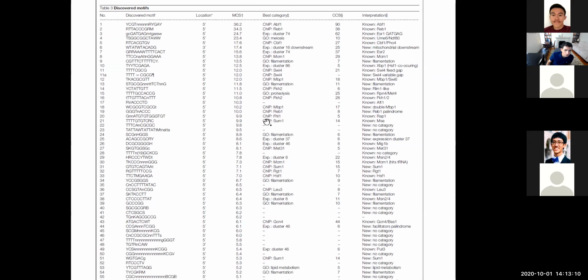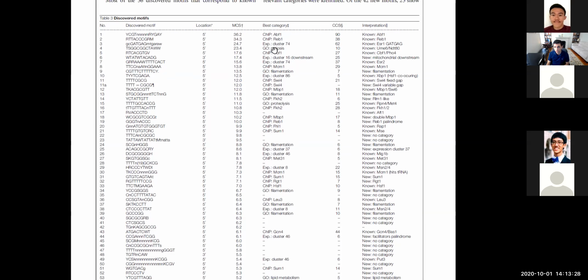We found that we could discover a catalog of regulatory motifs completely de novo, just by looking at genome-wide conservation. What was really exciting is that, having discovered those, we could then go back and start asking, does anything match this known motif, this discovered motif? And remember this ABF regulator that I mentioned earlier?